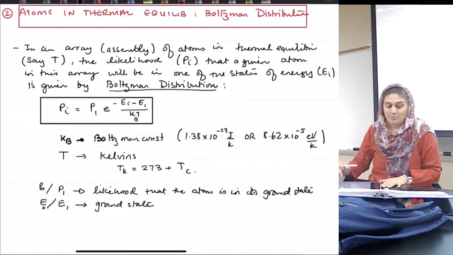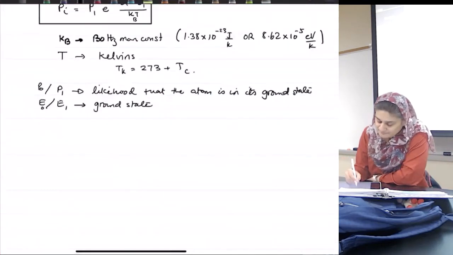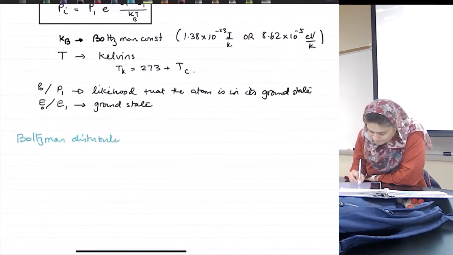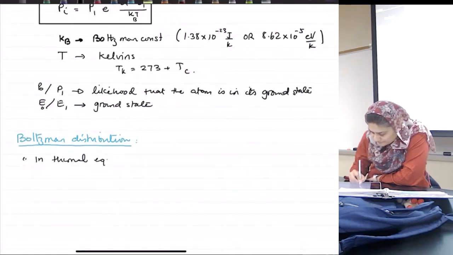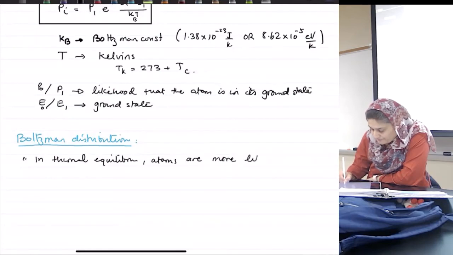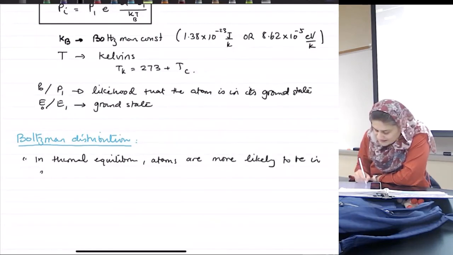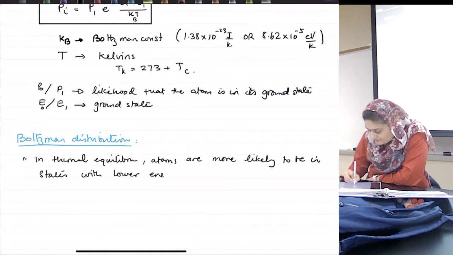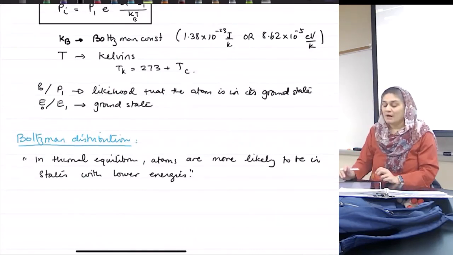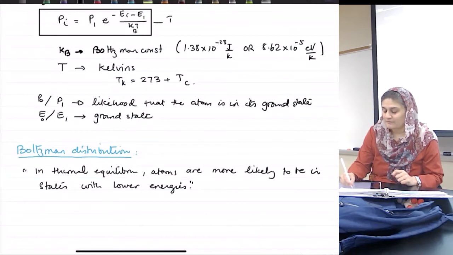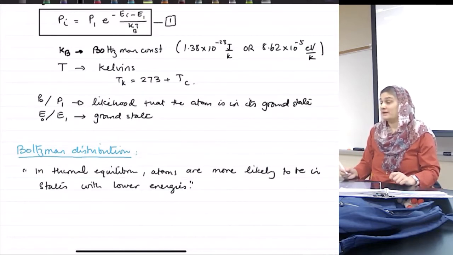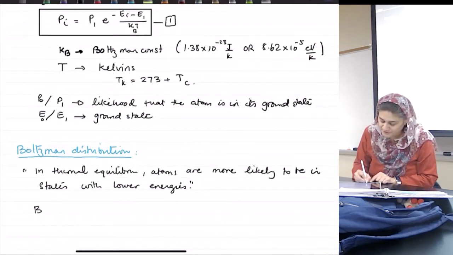What did Boltzmann write? So I'm going to now define Boltzmann distribution in words. He said, in thermal equilibrium, atoms are more likely to be in states with lower energy. So he modified this likelihood equation, let's call it equation 1, to this new equation, which now we're going to call Boltzmann ratio.